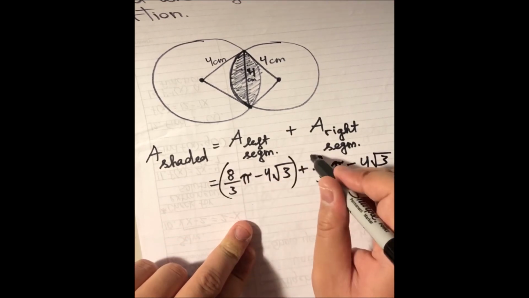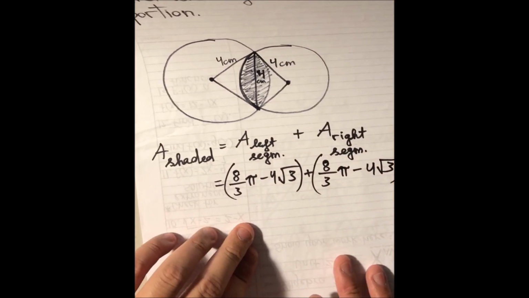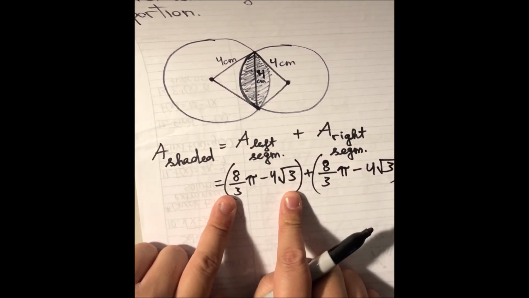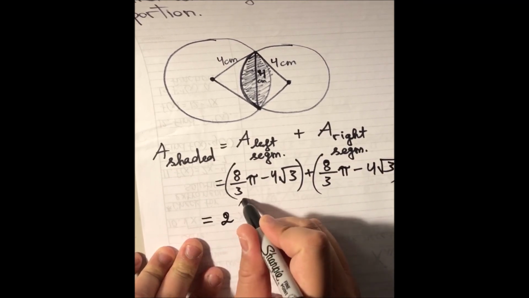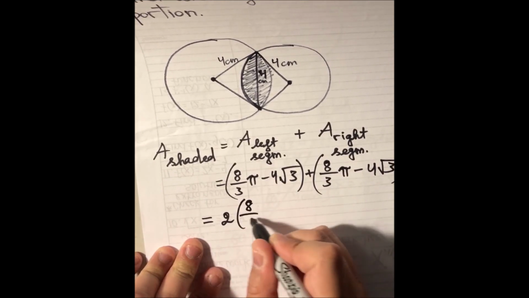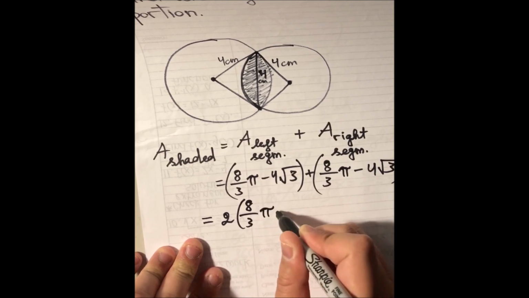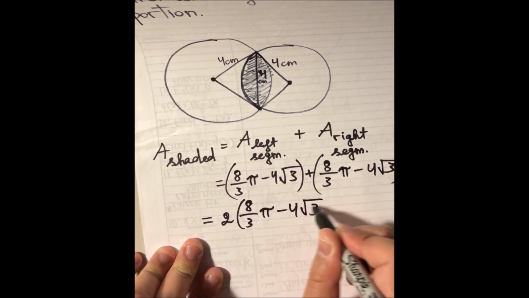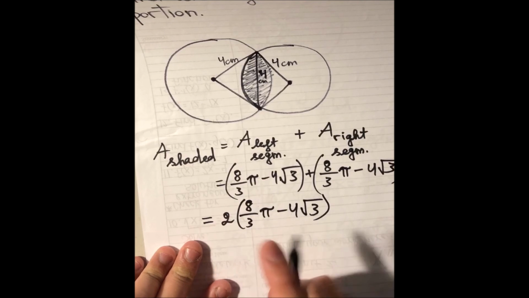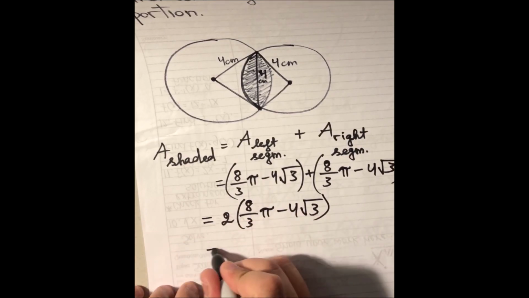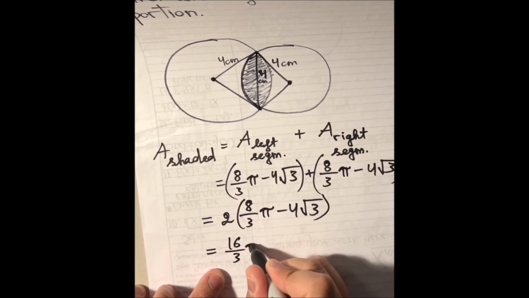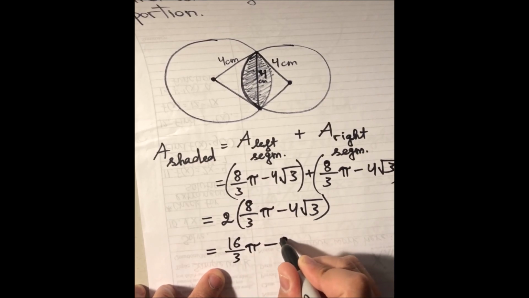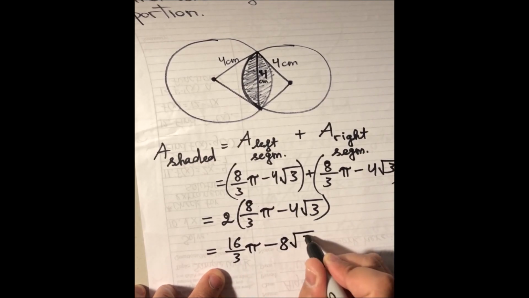And let's put it inside of parentheses like that. Well, adding one term to itself twice is going to be the same as 2 times 8 over 3 pi minus 4 times square root of 3. Distributing the 2 to each of the terms on the inside of the parentheses, I'm going to have 16 over 3 pi minus 8 times square root of 3.